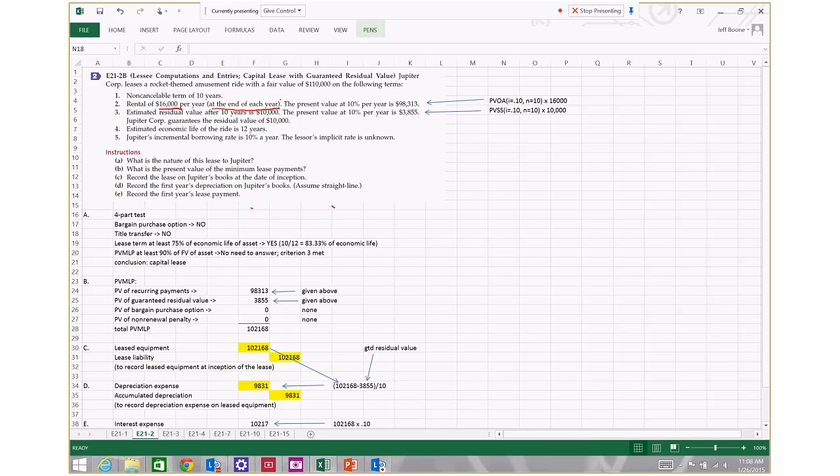We're told here that the present value of the recurring stream of annual rental payments of $16,000 is $98,313. So they did the present value calculation for us.